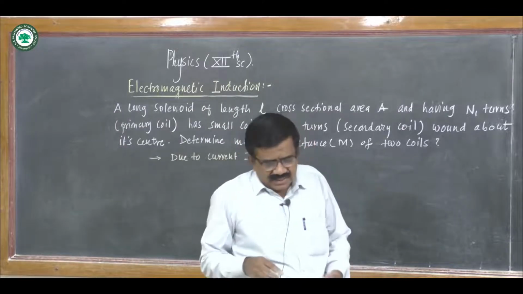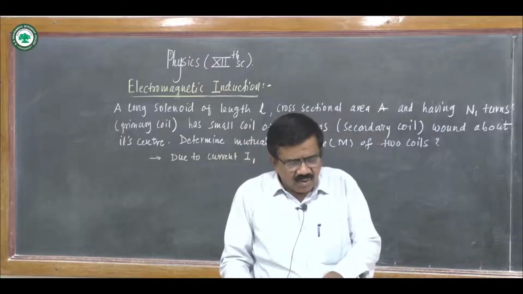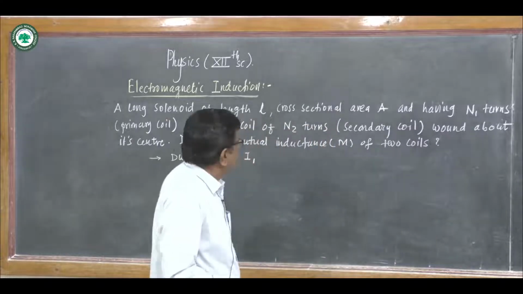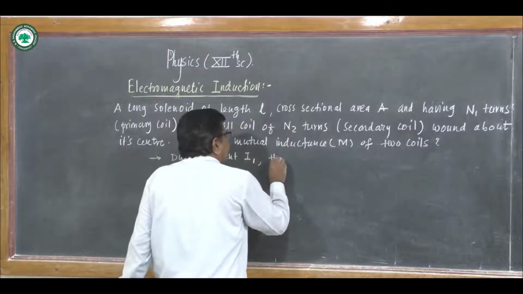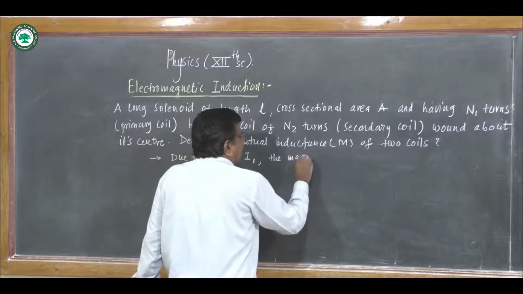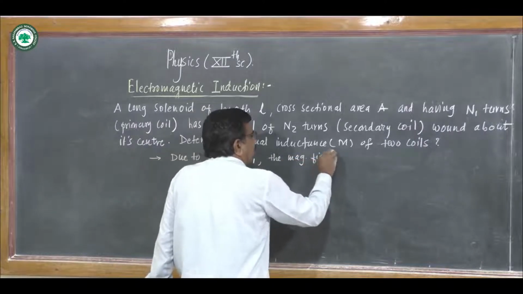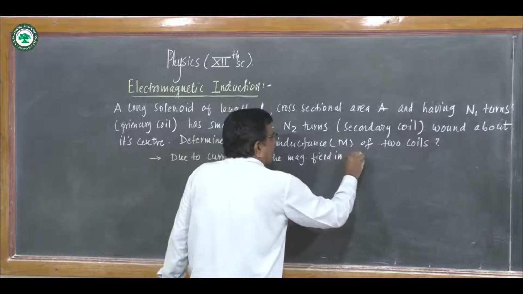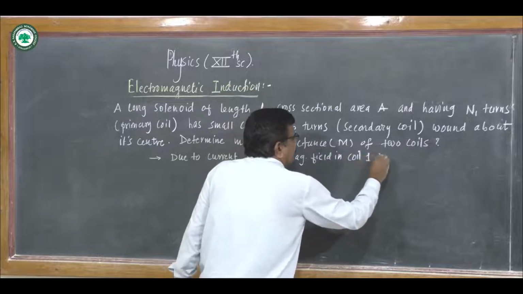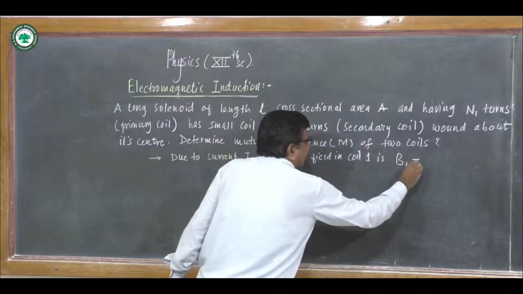Due to current I1, the magnetic field in coil 1 we call B1.